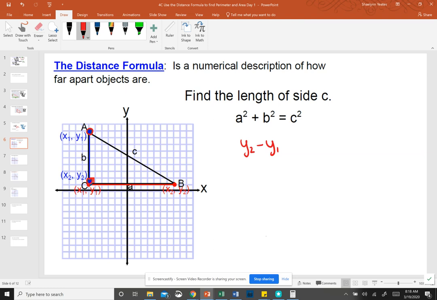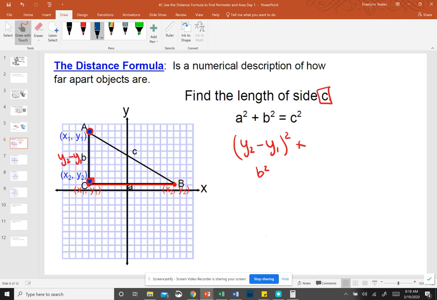That'll find my change in height. And then I'm going to square that, because this length right here is just y2 minus y1. And we're finding side length C. Notice that we're not finding A or B. Then we would add that because this is B squared. Now we're going to find A squared.